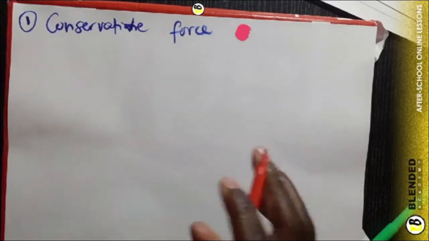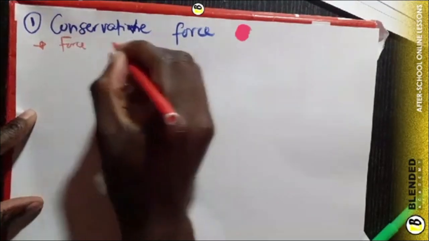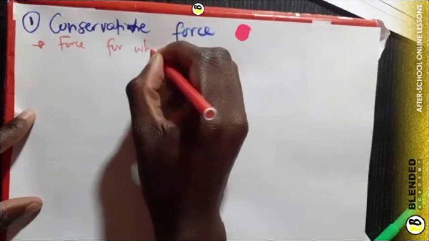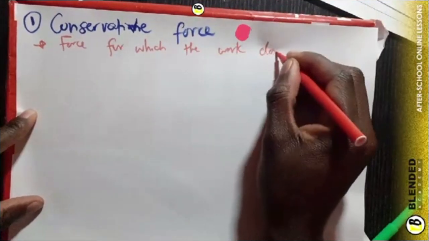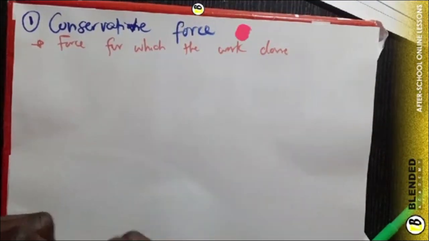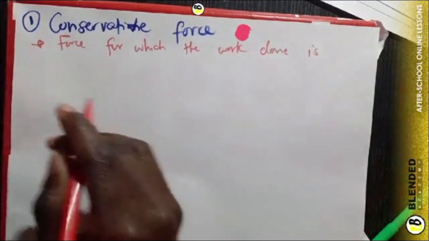Okay. So now this is the force for which the work done on an object between two points is independent of the path taken.